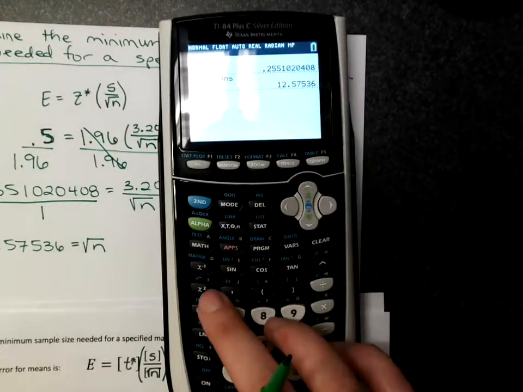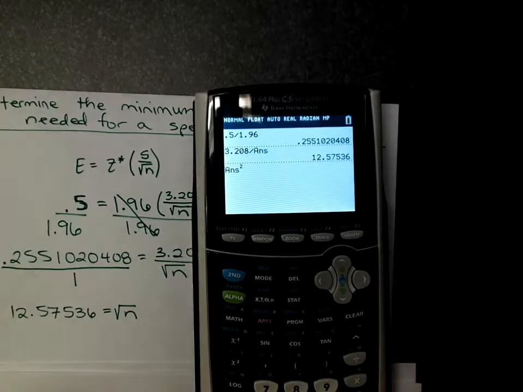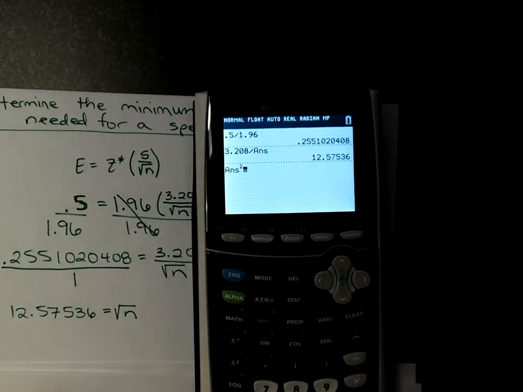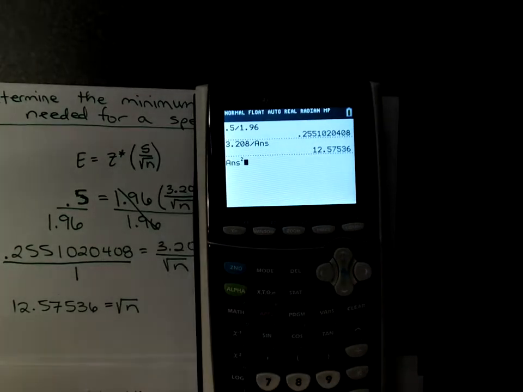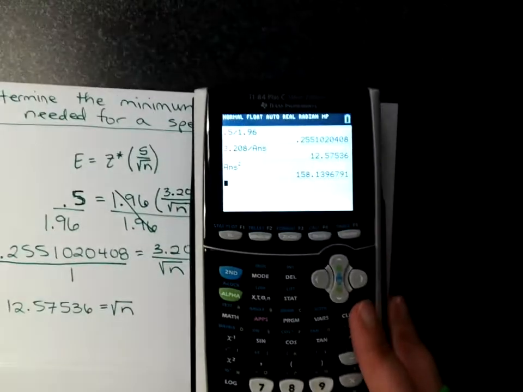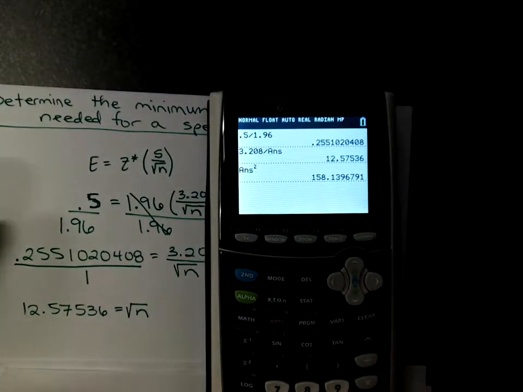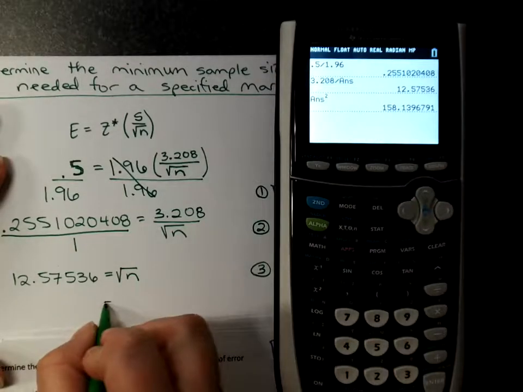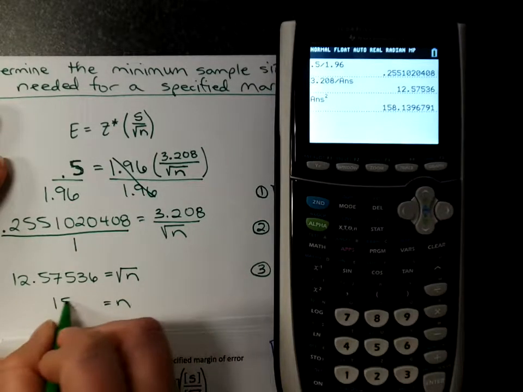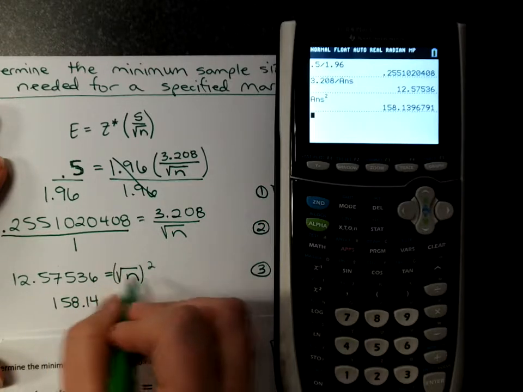And again, if you just push x squared, it pulls the answer in there for you. You just push squared, enter. There it is, 158.14. So we've squared both sides.